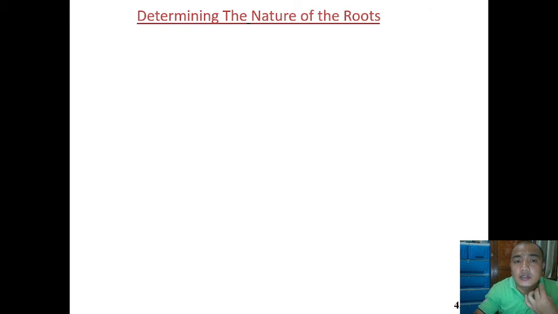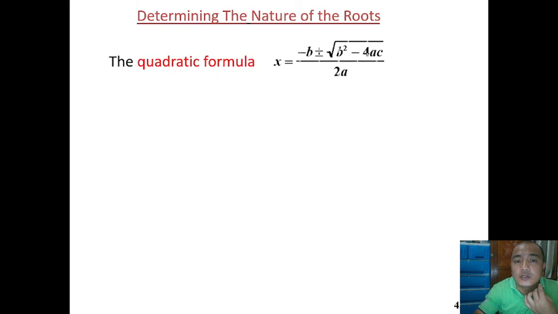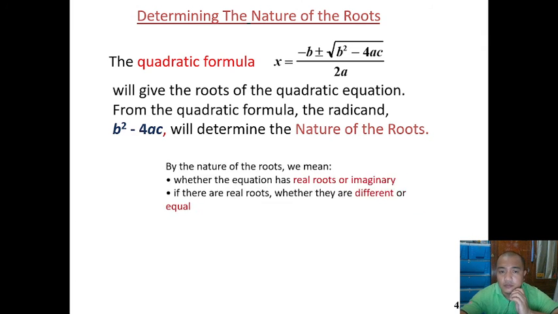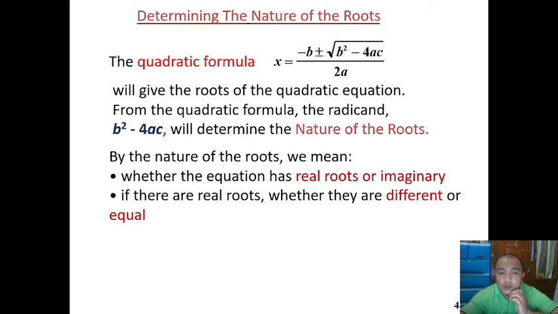Let's proceed to the next. Let us determine the nature of the roots. So, in our previous lesson in quadratic formula, we were able to determine the nature of the roots of the quadratic equation. From the quadratic formula, the radicand b squared minus 4ac will determine the nature of the roots. By the nature of the roots, we mean whether the equation has real roots or imaginary, and if there are real roots, whether they are different or equal.